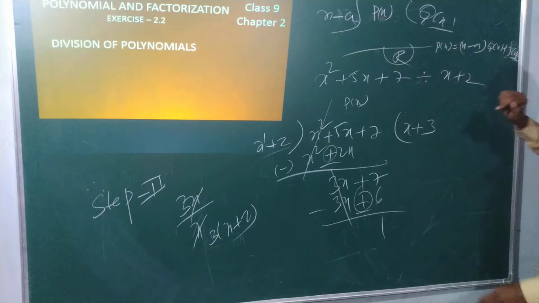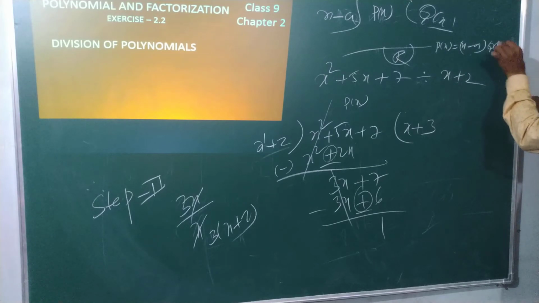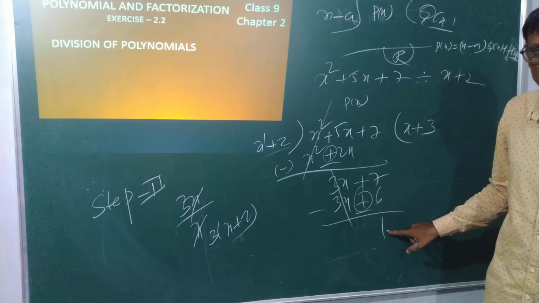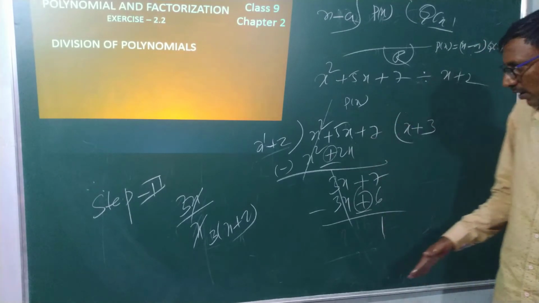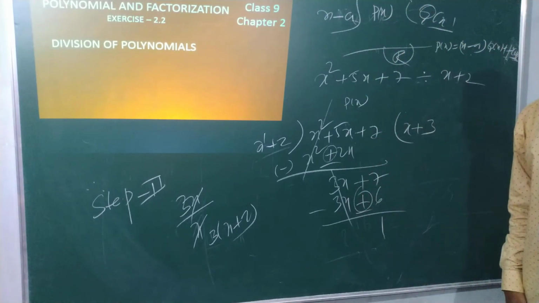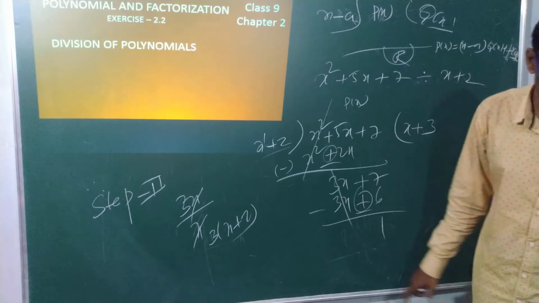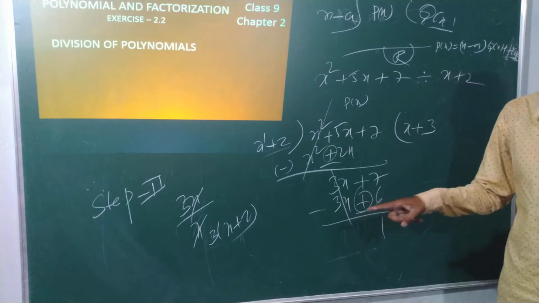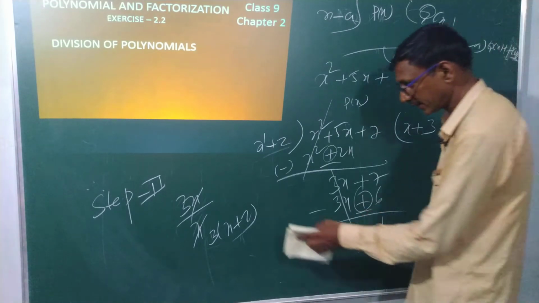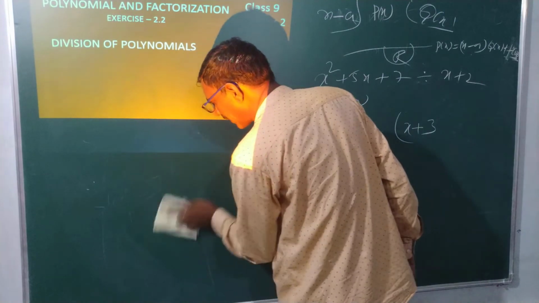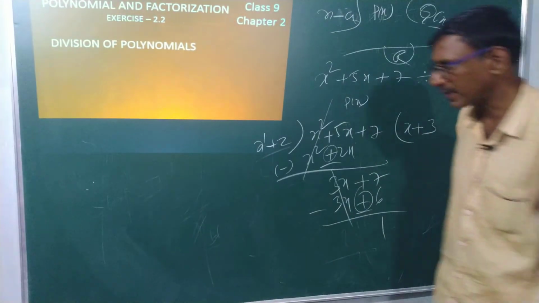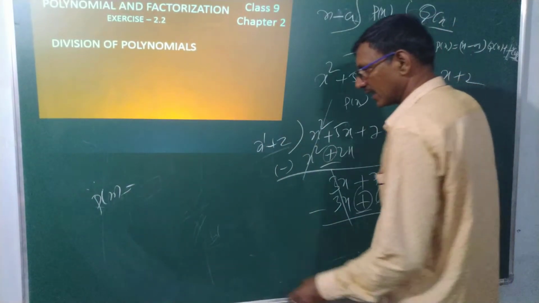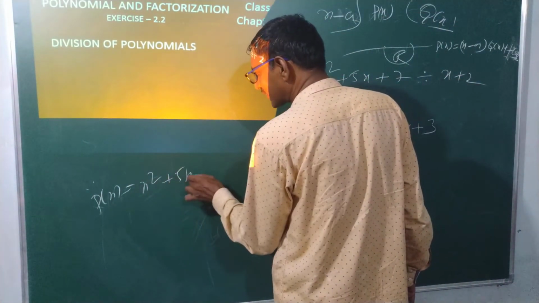If here p is taken, you should write p of a. Can I do it? See, my remainder is how much? Minus 1. See, without doing actual division, I will get the remainder, keep in mind. See, my p of x is x square plus 5x plus 7.